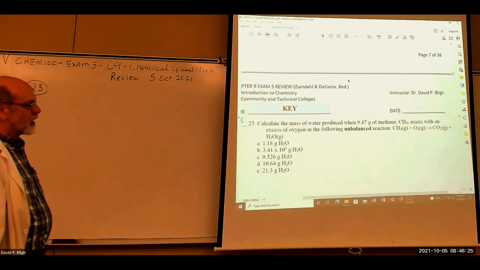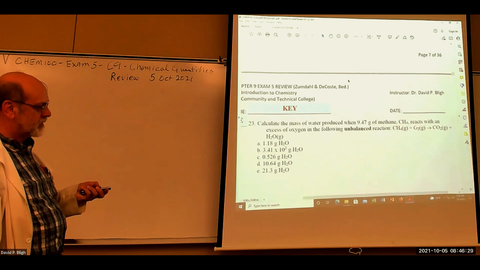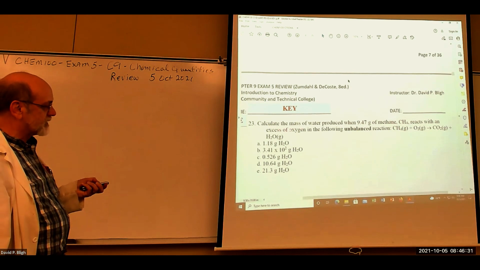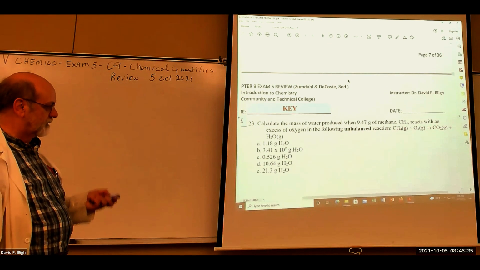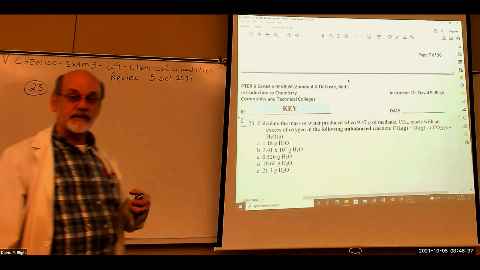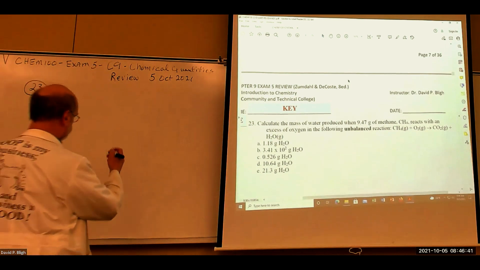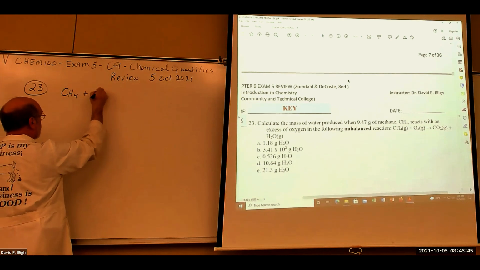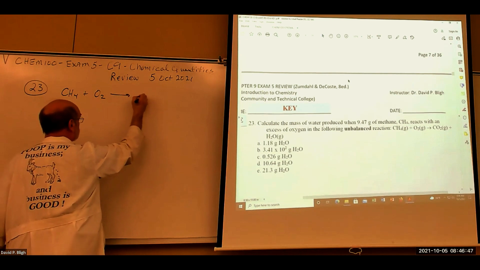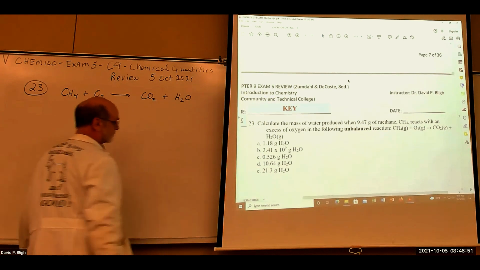Calculate the mass of water produced when 9.47 grams of methane reacts with an excess of oxygen in the following unbalanced equation. So there's your clue. It's unbalanced. We have to balance it.